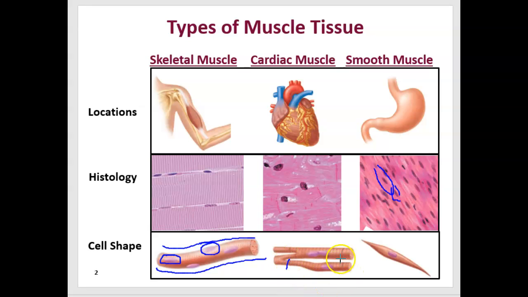Sometimes they look kind of uniform, cylindrically, but most often they have kind of odd ends because they're so branched. And this just reflects the fact that the heart needs to contract in a certain way, three-dimensionally, for the blood to be moved into the right chamber of the heart. And smooth muscle cells are elongated and tapered at the ends, and these are the smallest of all the cell types.